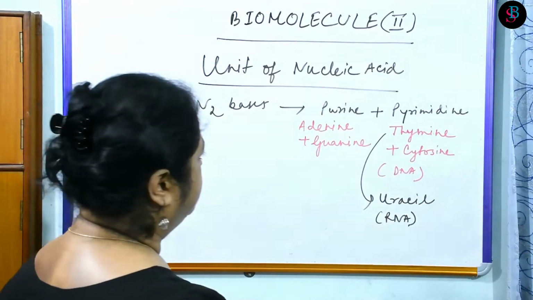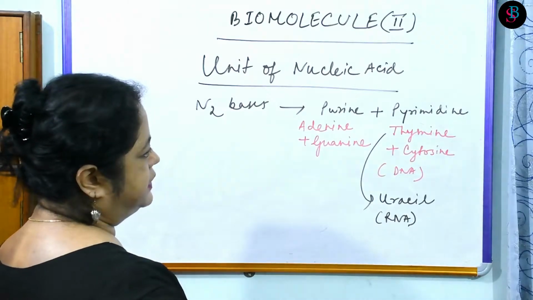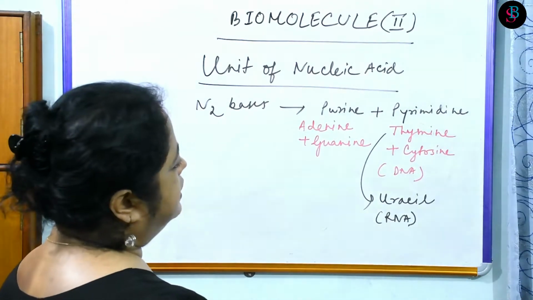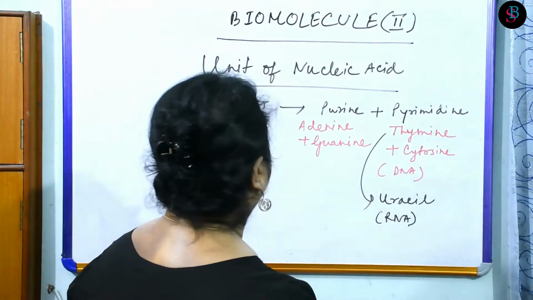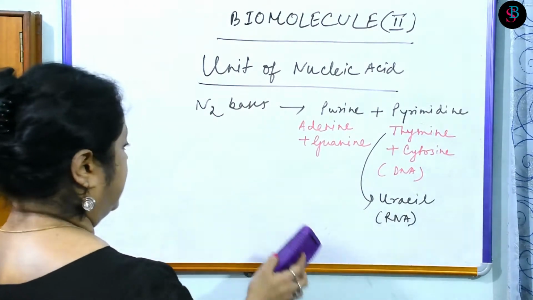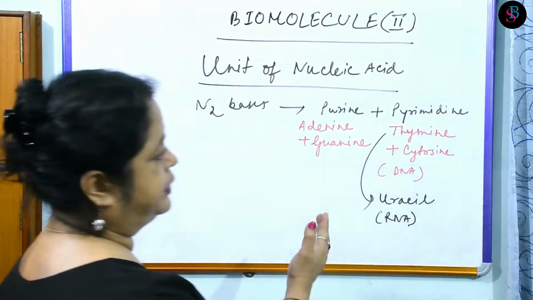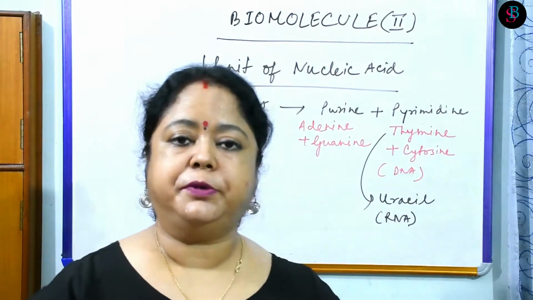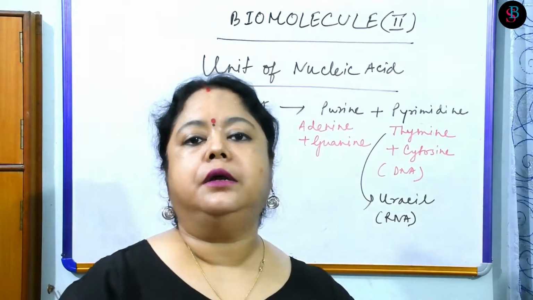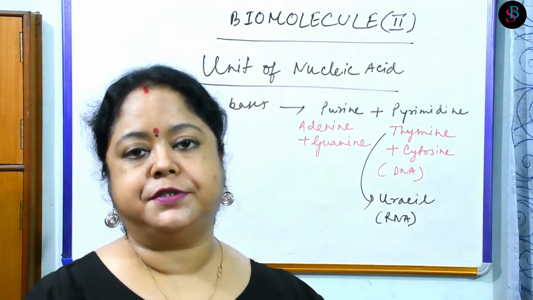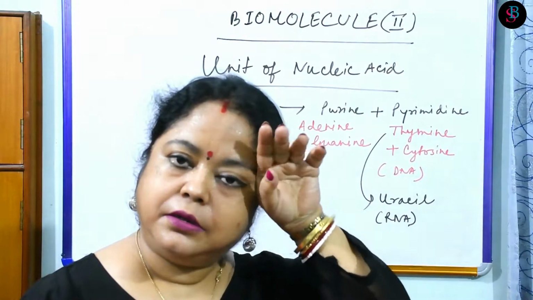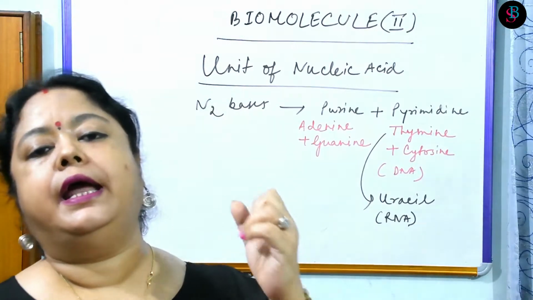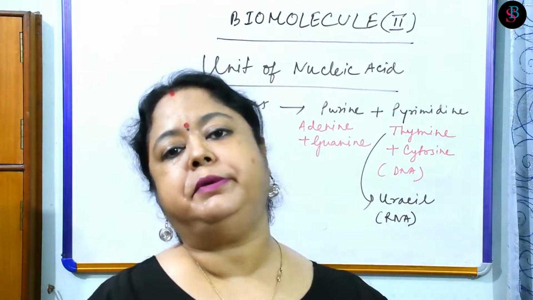I already told you, that means 5 carbons are there to form the ring, and another is phosphoric acid. Now I am telling about the difference between purine and pyrimidine. The basic difference is that purine has 2 carbon rings. One is just like the pyrimidine ring, and the extra ring is known as imidazole.